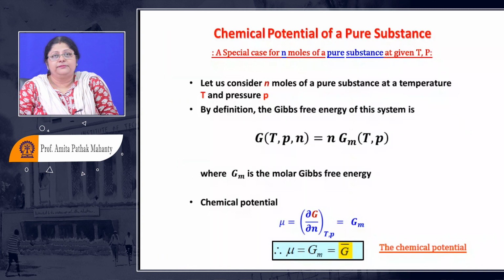Okay. So now let us take up the various properties of G, the chemical potential of a pure substance. When we are talking about a pure substance, there is only one component. It's a special case of an open system.